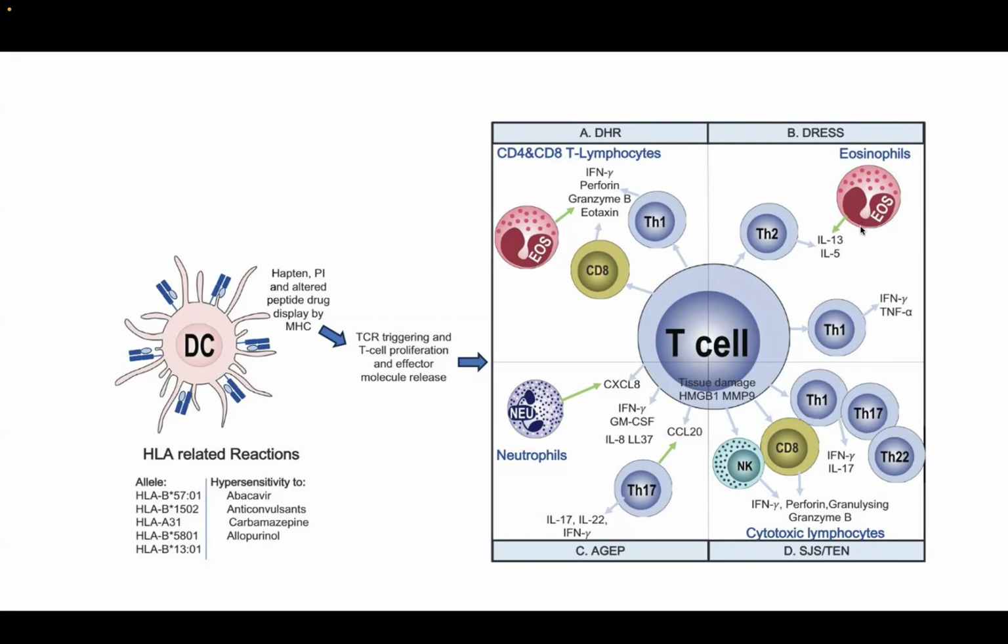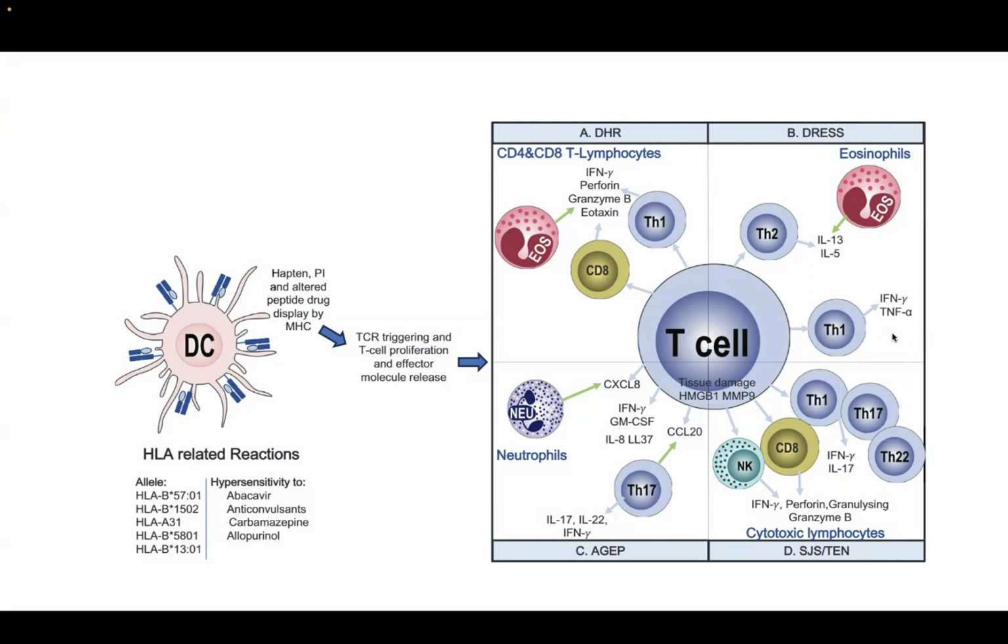And then with DRESS, it's mainly eosinophils, as we mentioned before, and T helper 2. So I would just recommend at this level to stick to this classification: yes, mainly DRESS is T helper 2 mediated, and it could be T helper 1 again, but if you are interested, you can go over it in the literature.